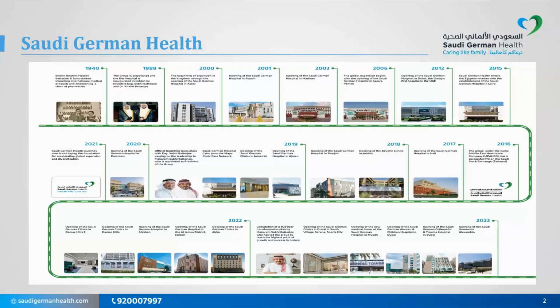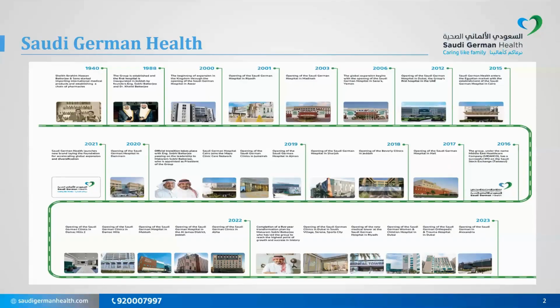Our empire of hospitals, one of the largest health groups in the Middle East from a footprint point of view, started in 1988 with the first hospital in Jeddah, founded by engineer Subhi Batarji, the founder, and his brother Dr. Khalid Batarji.